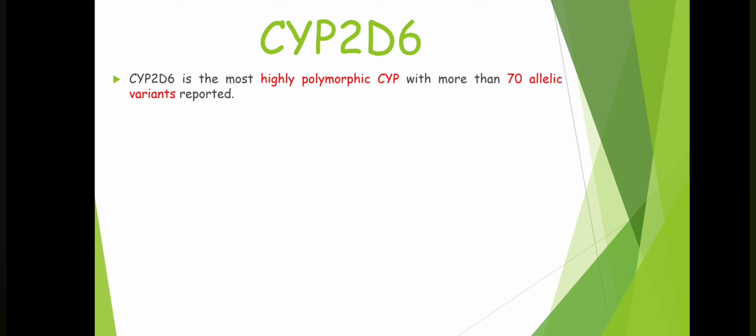First, starting with CYP2D6. CYP2D6 is the most highly polymorphic CYP with more than 70 allelic variants reported.